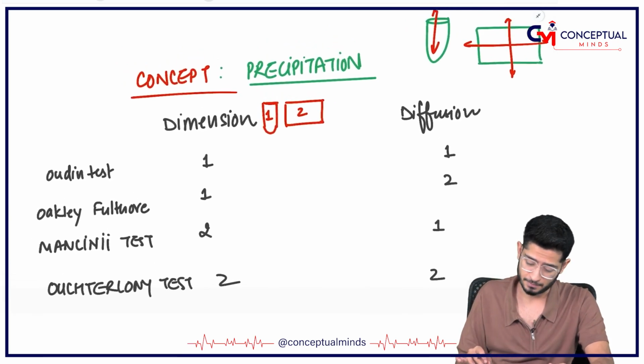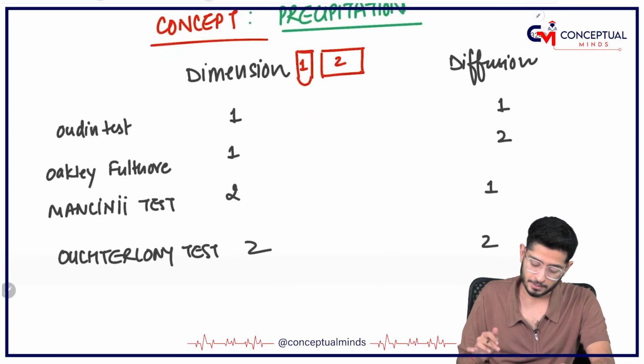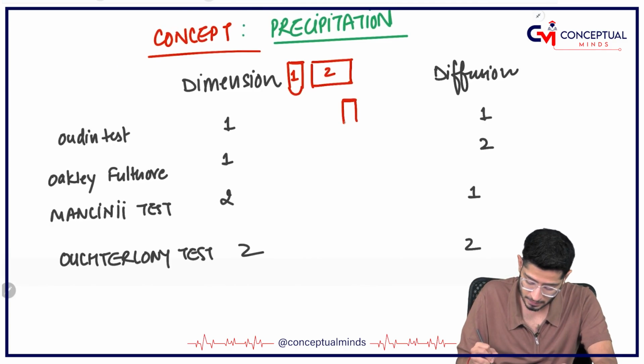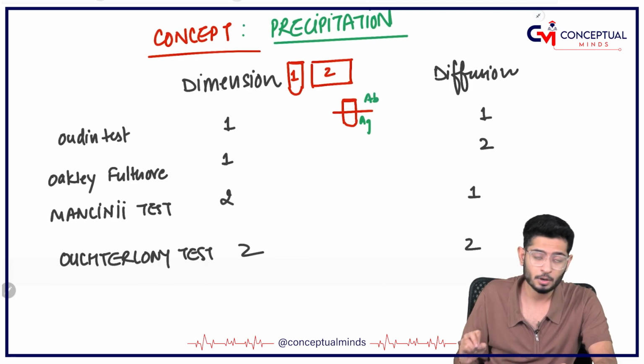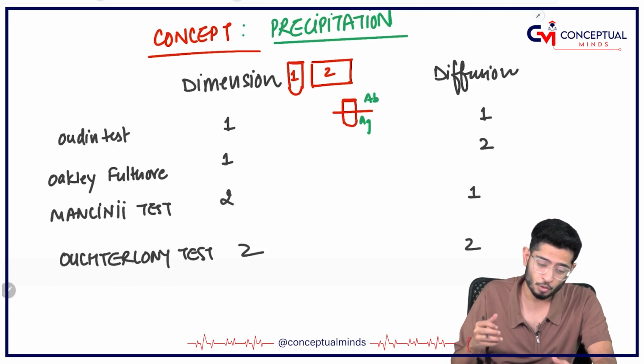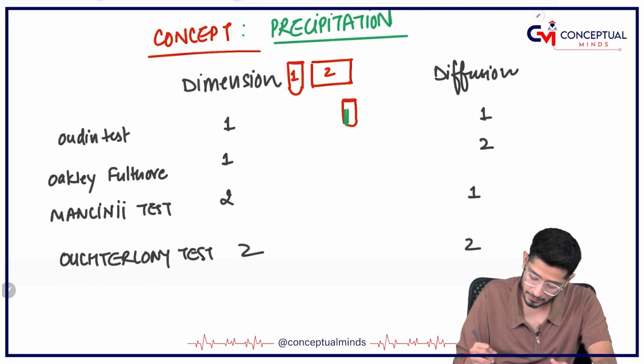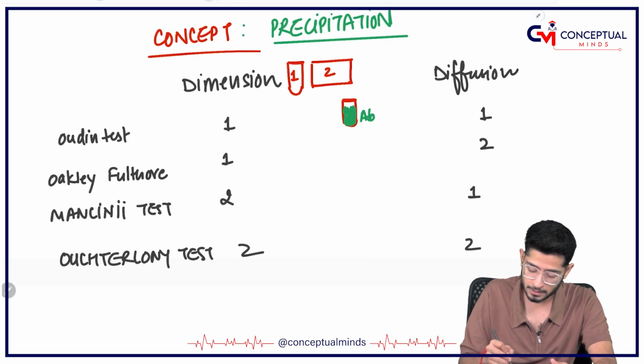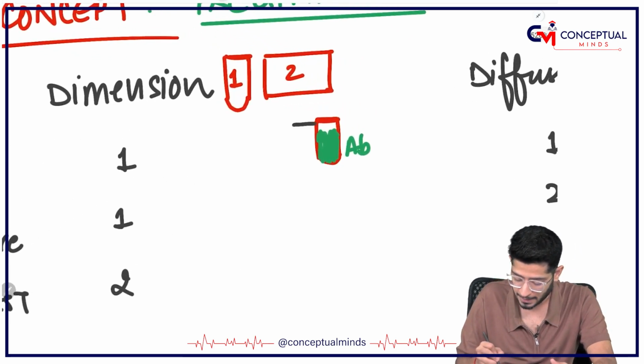Now, for example, let's understand. In the Oudin test, this is your test tube, and this is your antigen which you have given, and this is your antibody. I'm covering this entire test tube with the antibody, and here I am applying the antigen.